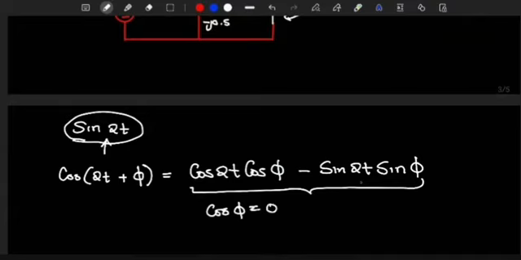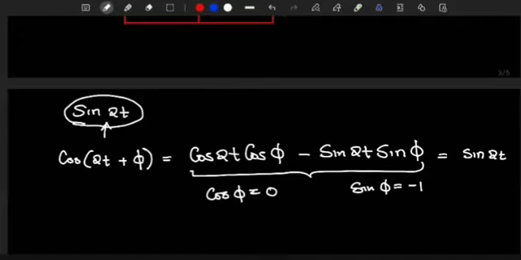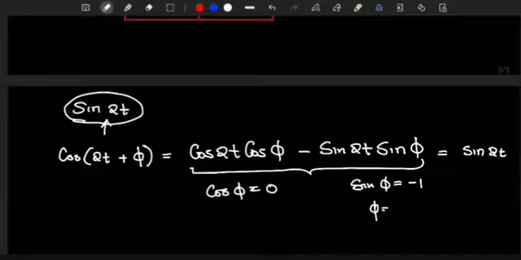And since we want the second part to remain positive sine 2t, it follows that sine phi must give us -1, so that the overall answer is only positive sine 2t. The only angle that allows sine of it to give us -1 is 270. So phi has to be equal to 270, or 270 can be viewed as -90 degrees. Have you seen that?